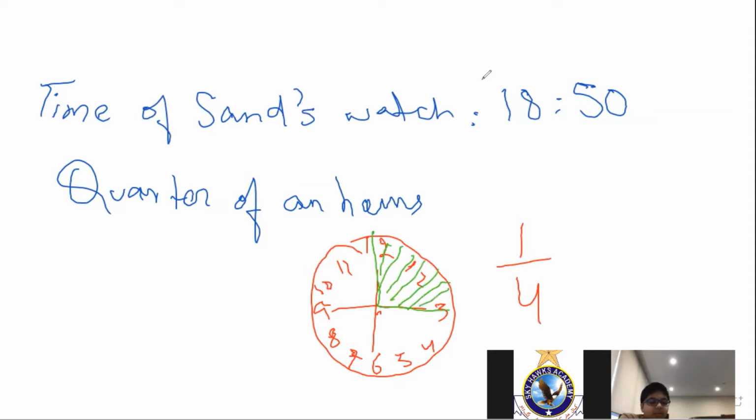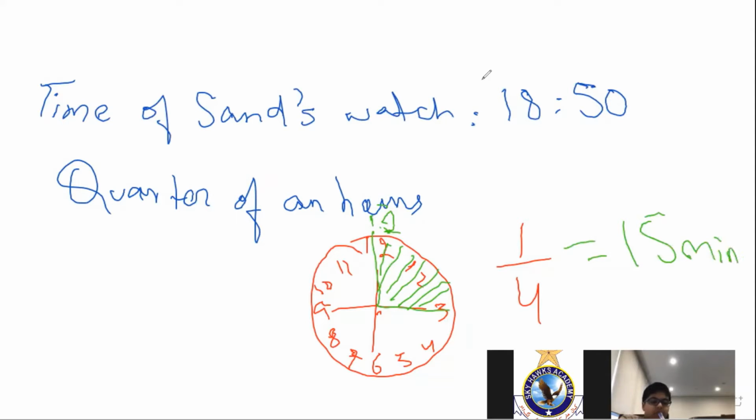How many minutes are there in this part, from 12 to 3? If we start counting the minutes, there are 15 minutes. Very good. So in a quarter of an hour, there are 15 minutes.